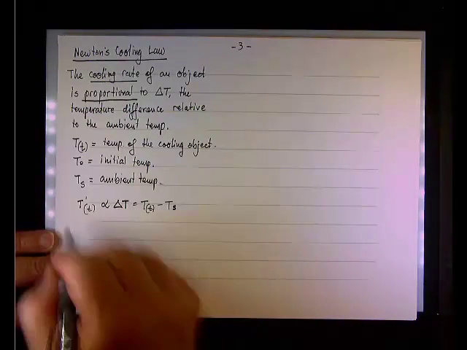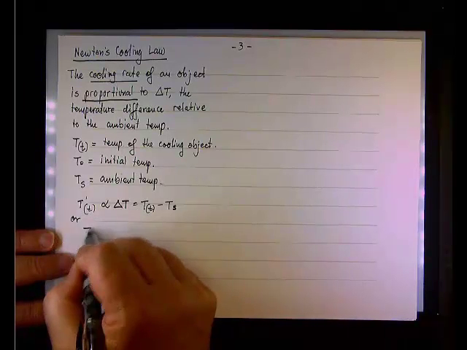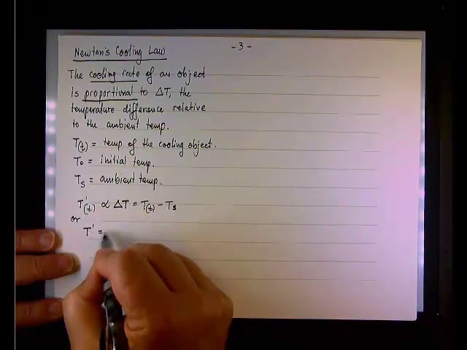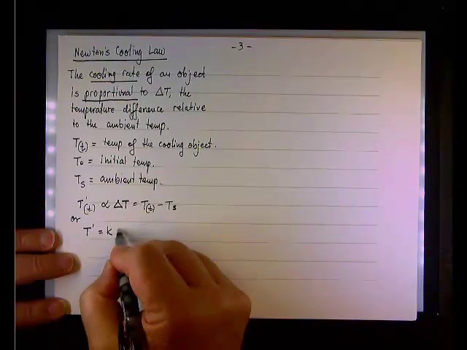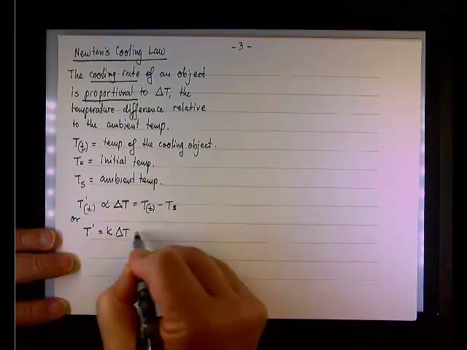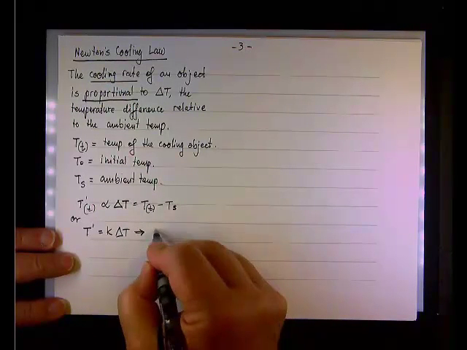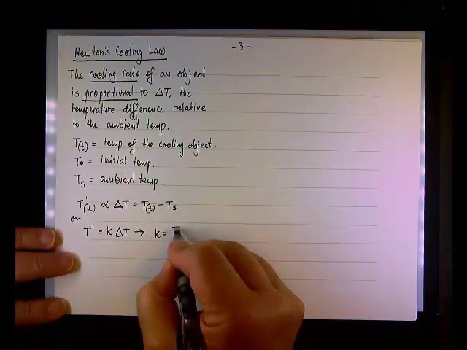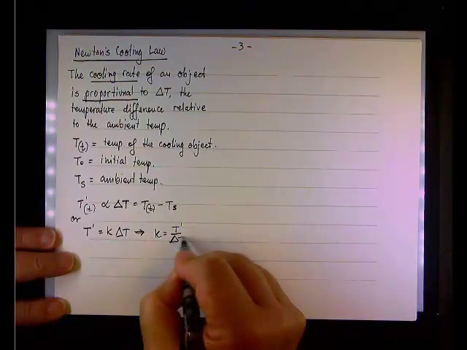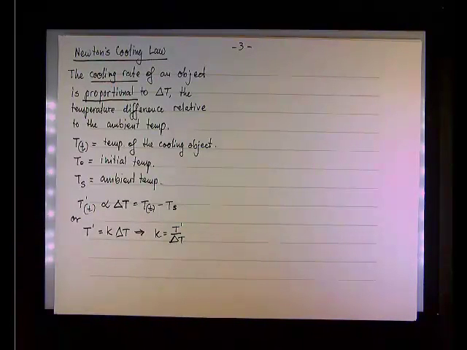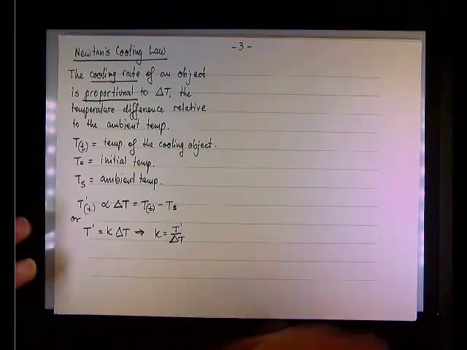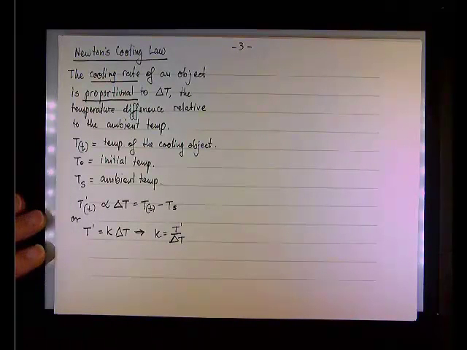So instead of proportionality, we can say that T prime equals some constant k times delta T, or we have the differential equation k equals T prime over delta T. Compare it to what we learned before, k equals y prime over y. Okay?